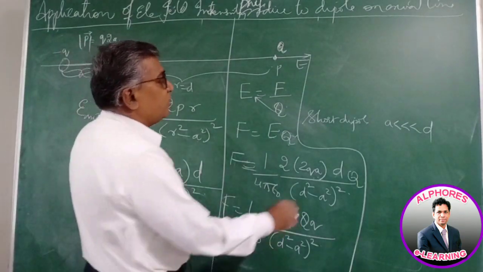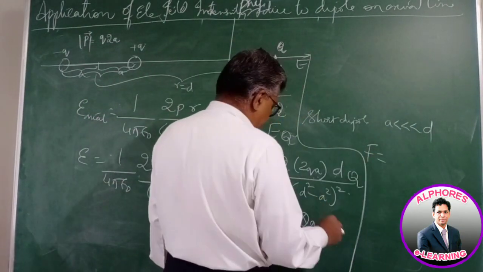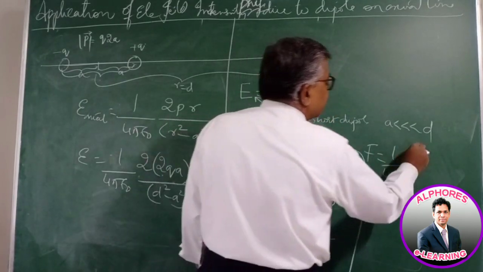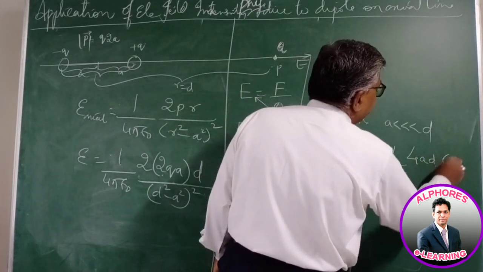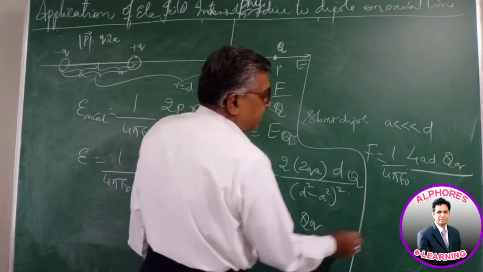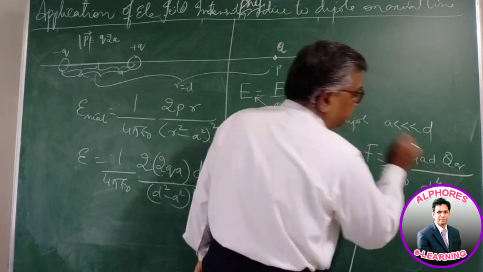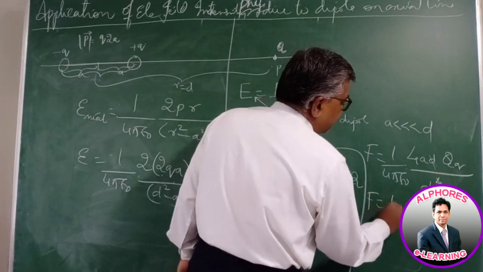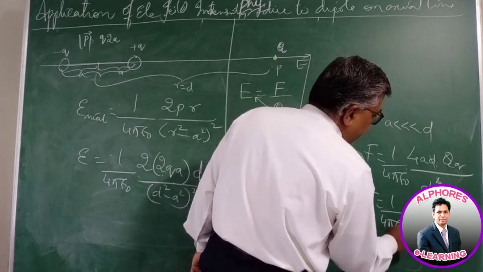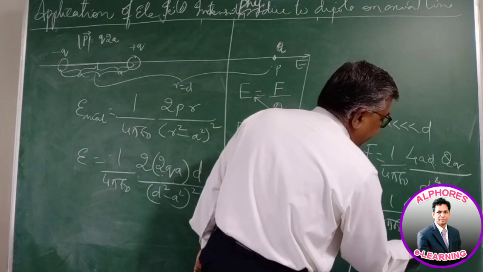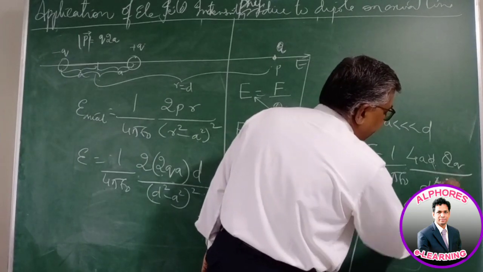Neglecting a in the denominator, the force F is equal to 1 by 4 pi epsilon naught, 4ad capital Q small q by d power 4. Cancelling one of the distances, force F is 1 by 4 pi epsilon naught, 4a capital Q small q by d cube.